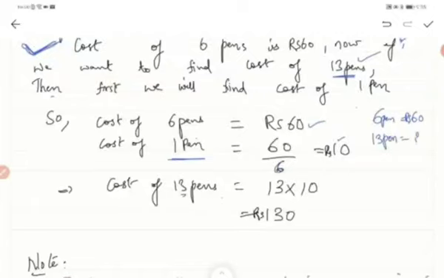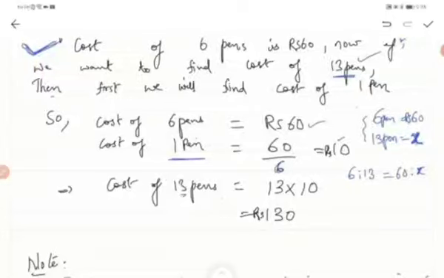Let me take the cost of 13 pens as x. Obviously they are in proportion. When I take their ratios, 6 is to 13 is equal to 60 is to x.